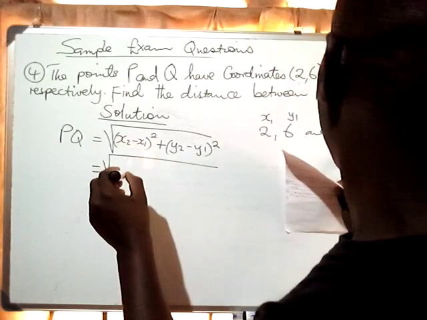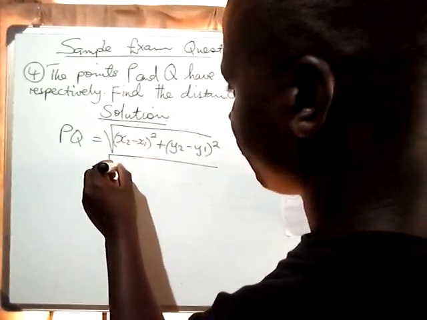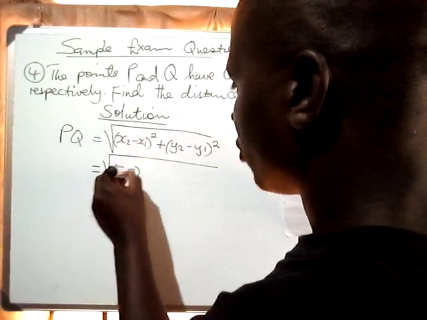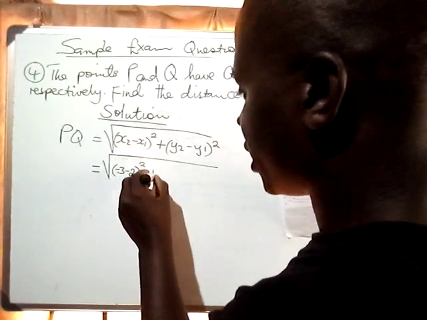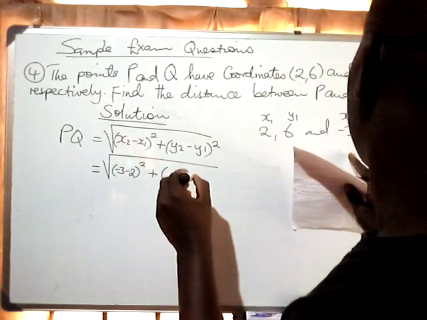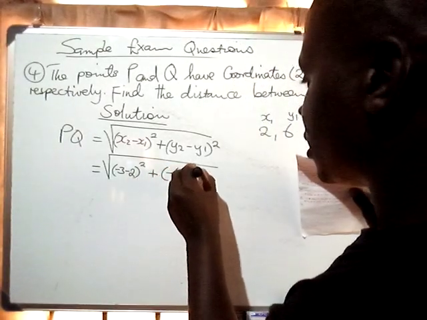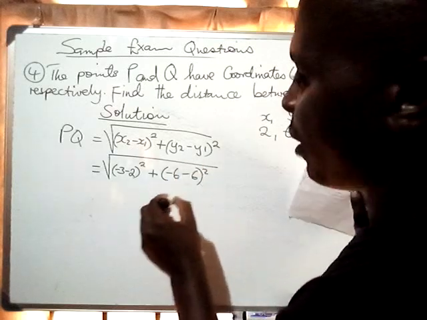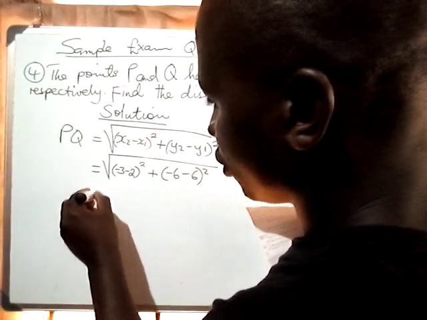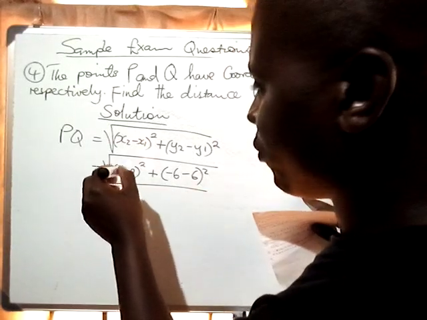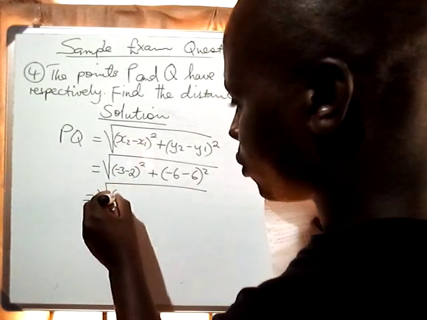The root of (-3 minus 2), whatever we get, we square it, plus (-6 minus 6), whatever we get, we square. So we are going to have -3 minus 2.